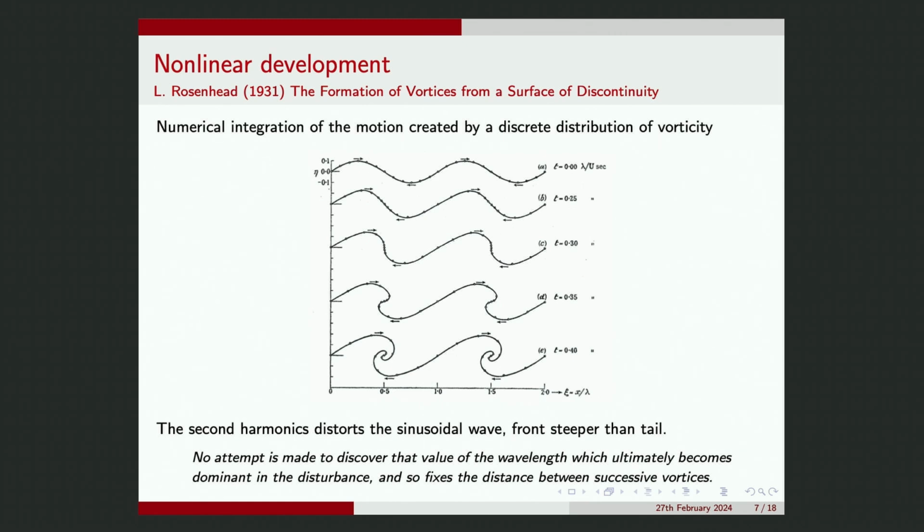Rosenhead understands that the second harmonic distorts the sinusoidal wave, front steeper than tail. But Rosenhead also said: no attempt is made to discover that value of the wavelength which ultimately becomes dominant in the disturbance and so fixes the distance between successive vortices.